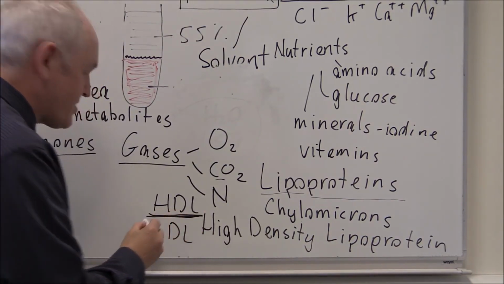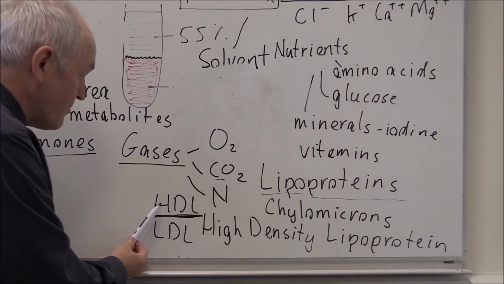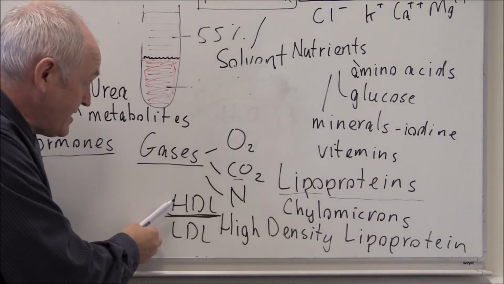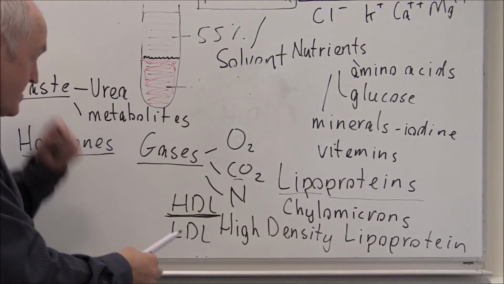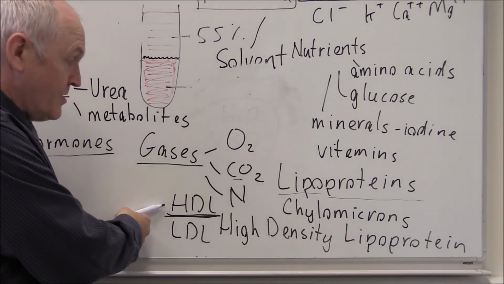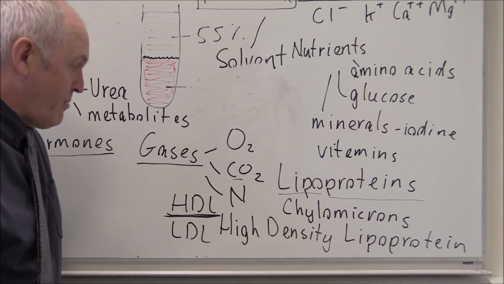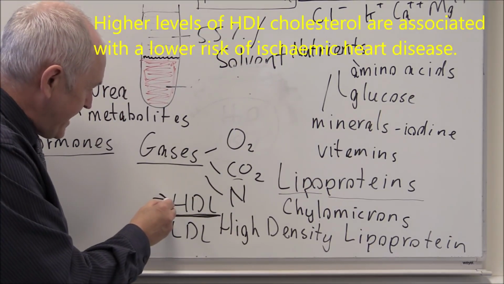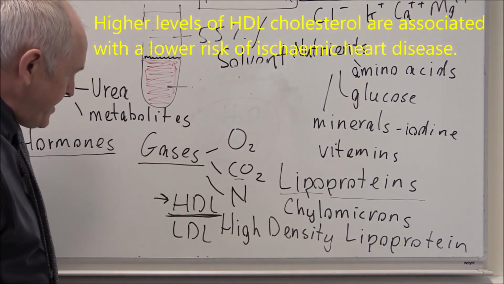And this is sometimes called H for helpful cholesterol, or H for healthy cholesterol, because the HDL will help to transport fatty material from the blood into the liver where it can be biochemically processed. So high levels of HDL are going to be healthy.